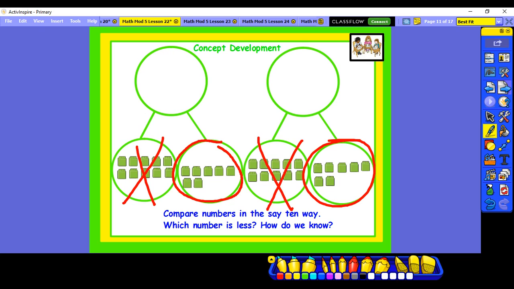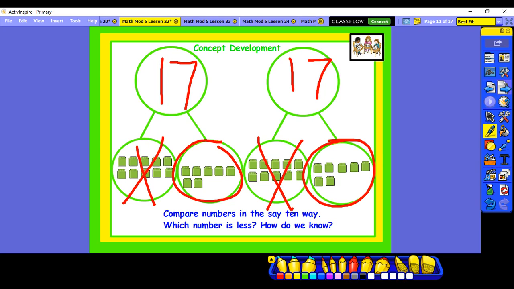But let's look at this problem. I see 10, 7. I see 10, 7. What can you tell me about these teen numbers? Which one's more? Which one's less? What do you mean?